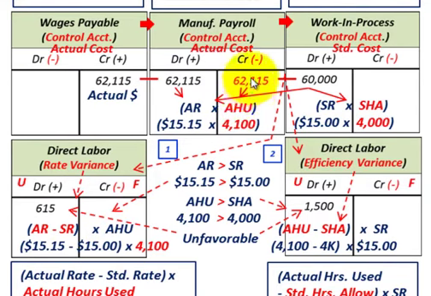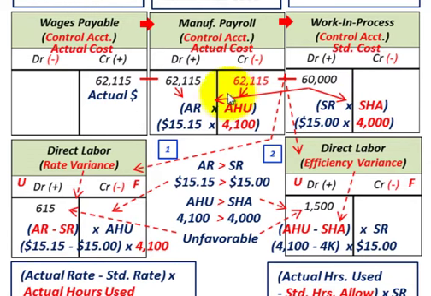And then they're going to be transferred out of your manufacturing payroll account into the work in process account at a standard cost. What we mean by a standard cost is they're going to come in at a standard rate, based on the standard hours allocated for the particular project or department you're looking at.